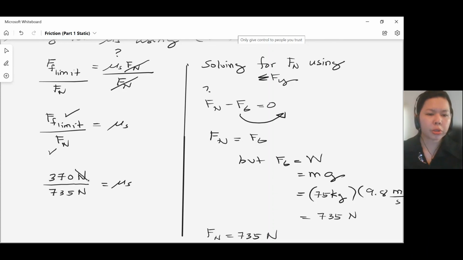Newtons divided by newtons, that's 1. You execute this using your calculator: 370 divided by 735, you should get an answer of 0.51. Notice here that the coefficient of static friction has no unit. It's 0.51 in our case. Thank you for watching.